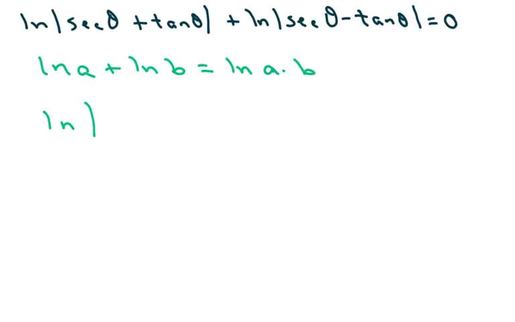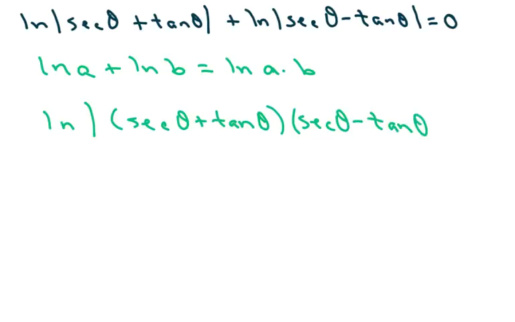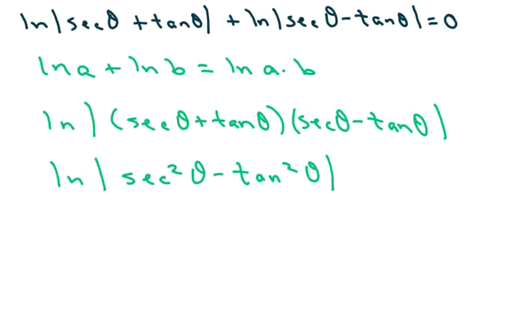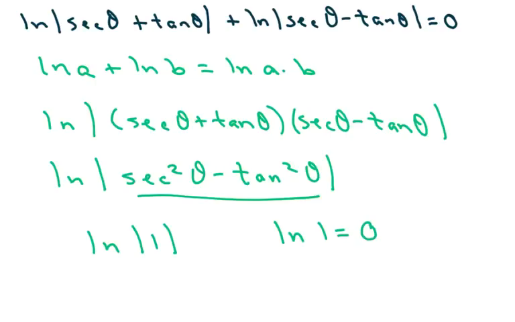Ln of secant theta plus tan of theta times secant of theta minus tan of theta, which is ln of secant squared theta minus tan squared of theta. And we know this equals 1, so we have ln of 1. We know that ln of 1 equals 0, and that's just a basic property, because we know that e to the 0 equals 1, if you want to rewrite it.